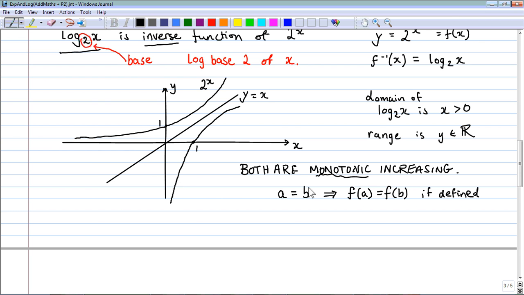I can't use a negative number for a logarithm, though I can for an exponential function. And more importantly, it works the other way, doesn't it? If f(a) equals f(b), that means if the y values are the same, then the x values must also be the same, because there is no turning point, there is no maximum or minimum, so we can't get this case.